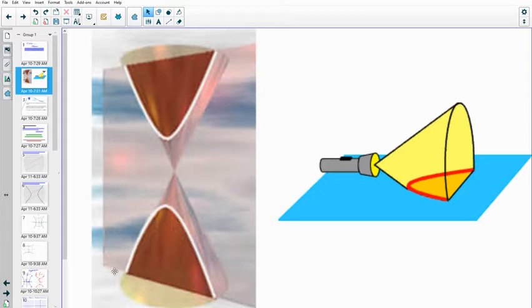These go on indefinitely in both directions. And also, if you set a flashlight down that has a conical, I guess, path of light on a flat surface, the shape that makes on that flat surface is a hyperbola.